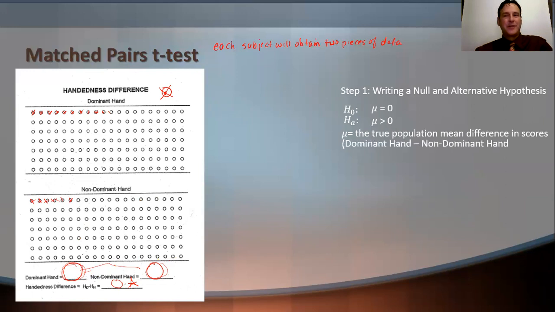Notice I'm writing the direction: dominant hand minus non-dominant hand. Some may think that's obvious because you did one part first and the second part second, so you want to subtract in that order, but it's not necessarily true. So you do have to indicate this direction. If you don't, that is a huge no-no, and you lose points for that.